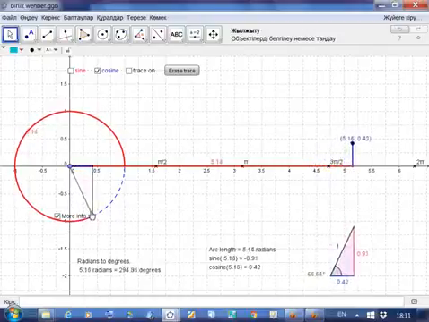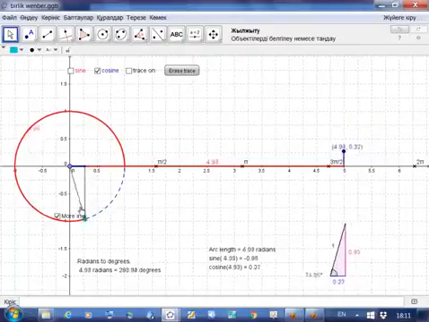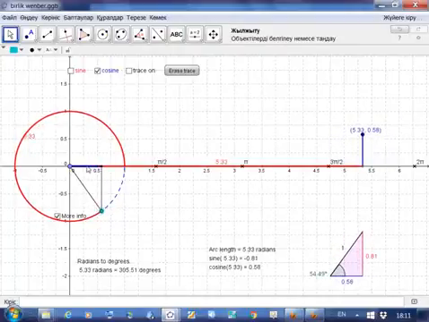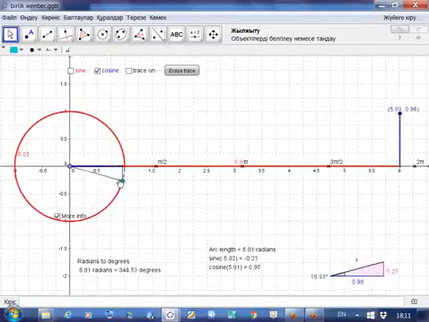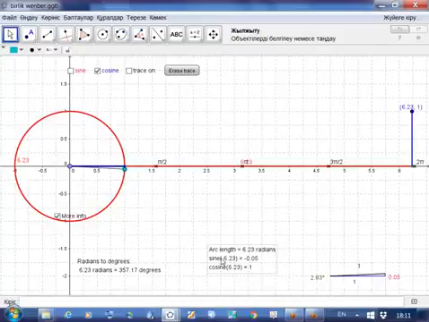After 3 pi over 2, when the angle is bigger than 270 degrees, the value of the cosine is what? Positive again. When the angle is 2 pi, the length of the blue line segment is 1. That means when the angle is 2 pi, the cosine is equal to 1.